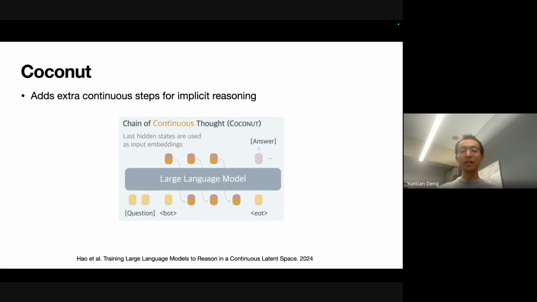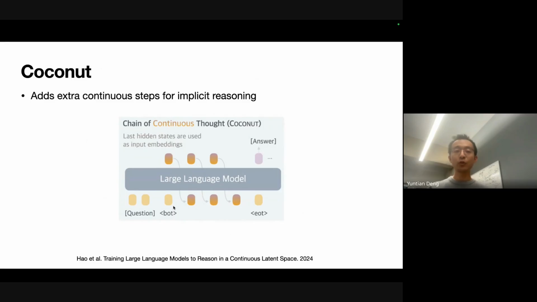Their intuition is that maybe we should give the model some scratchpad to use before producing the final answer. But the scratchpad is limited. For example, in their paper, they mostly use 5 intermediate steps, and these steps are not explicit chain-of-thought tokens, but instead continuous vectors produced by the model itself.